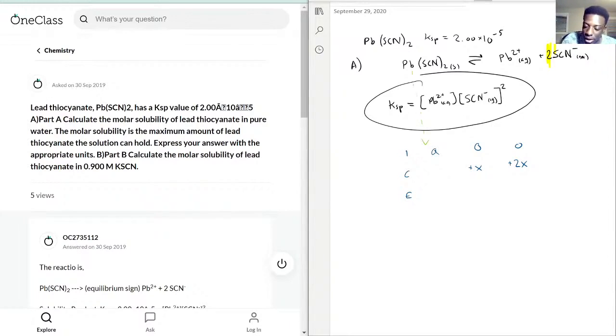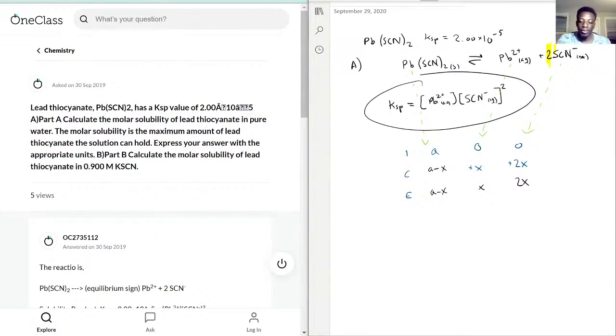This matches up with there, this matches up with this, and this matches up with that. So for every 1 that A loses, x gains 1 for the Pb, and the SCN gains twice of that, based on this formula. So we have A minus x, the change is going to be x, and this is going to be 2x.